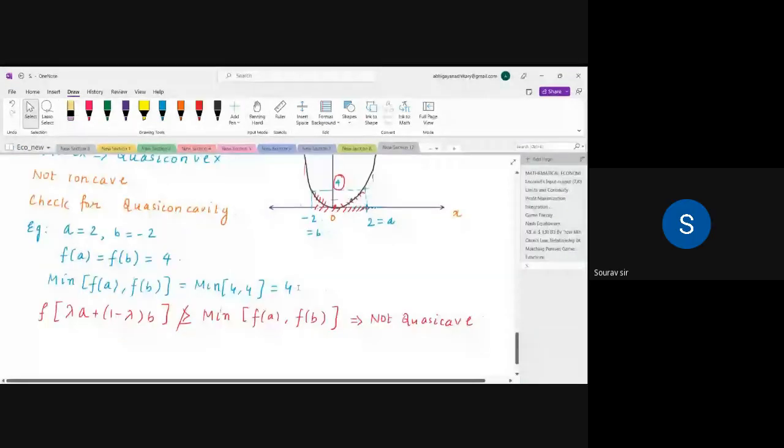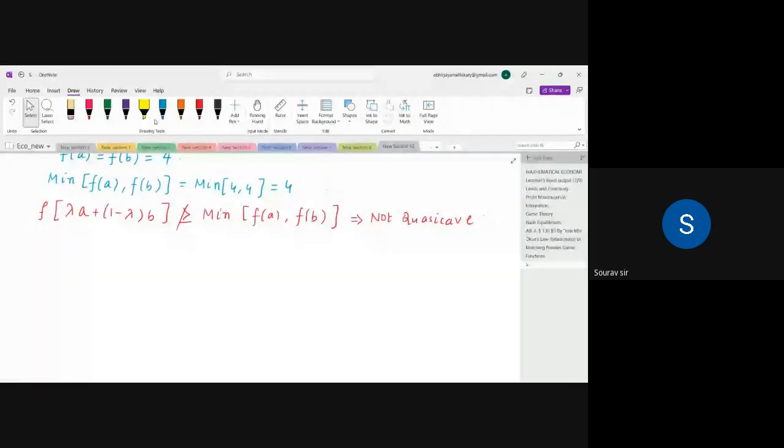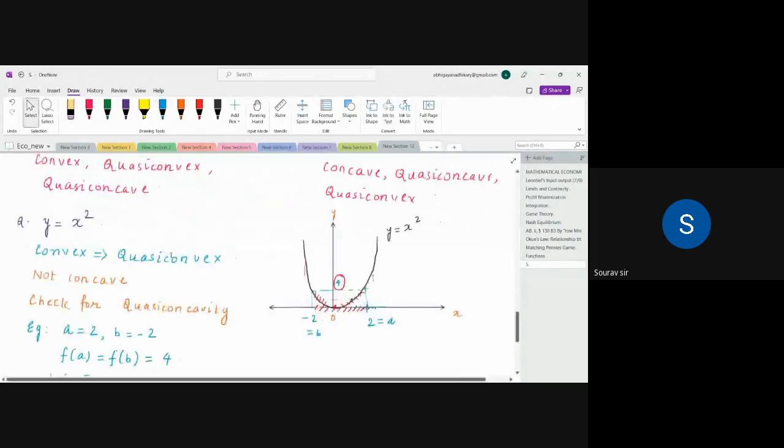So this function that we took over here is only convex and quasi-convex, but not concave and quasi-concave. Right.